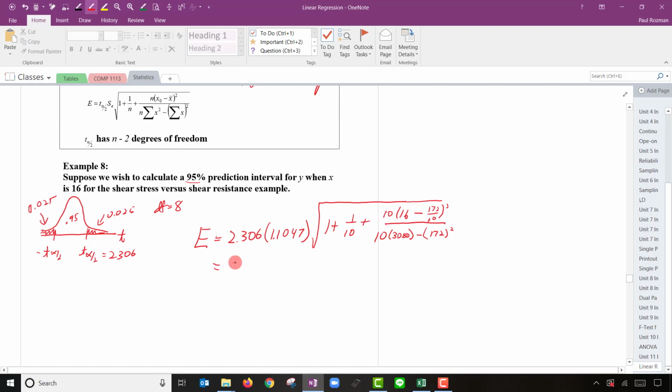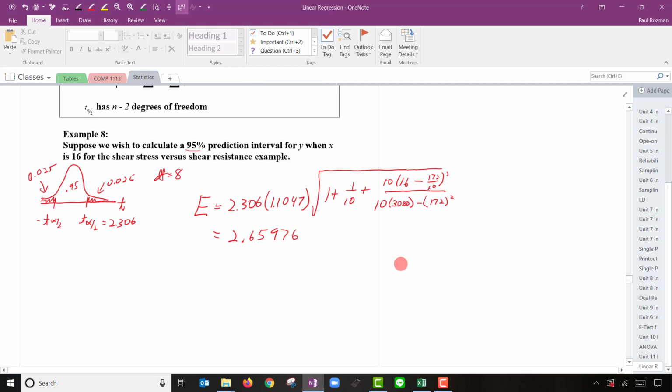Punch that through your calculator, you get 2.65976. So we would say that the actual predicted value is 20.2 plus or minus 2.7.